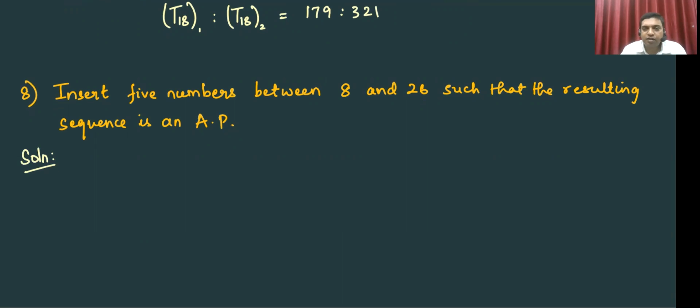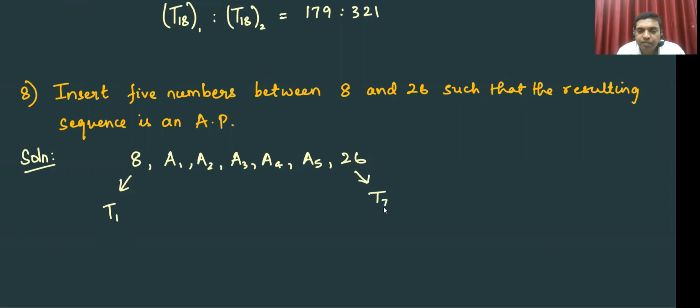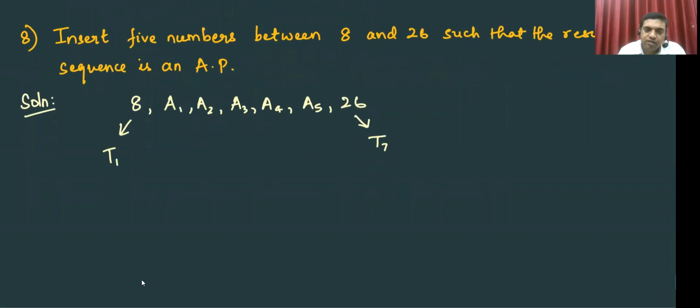One way is, you remember the formula and do it. The other is, see, this is the first term. This is the second, third, fourth, fifth, sixth, seventh term. So the first term is 8, T1 is equal to 8.